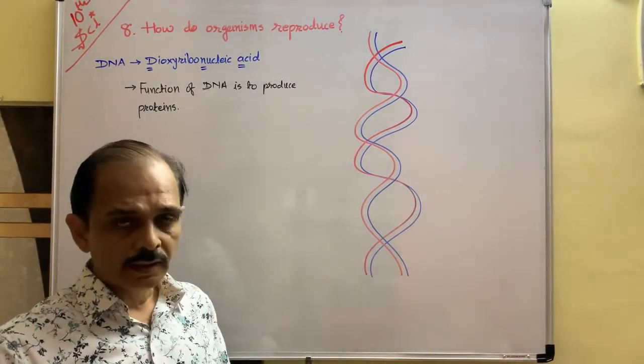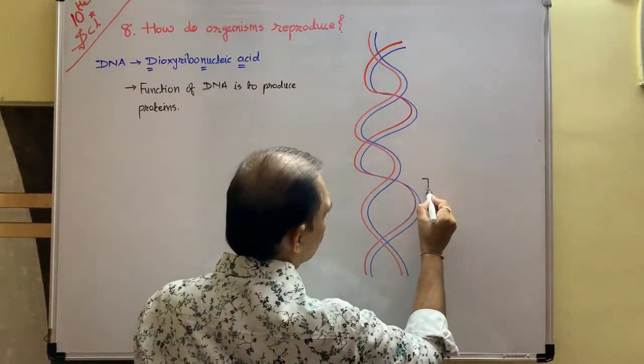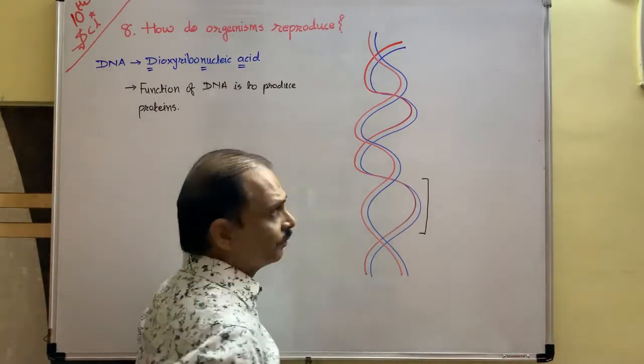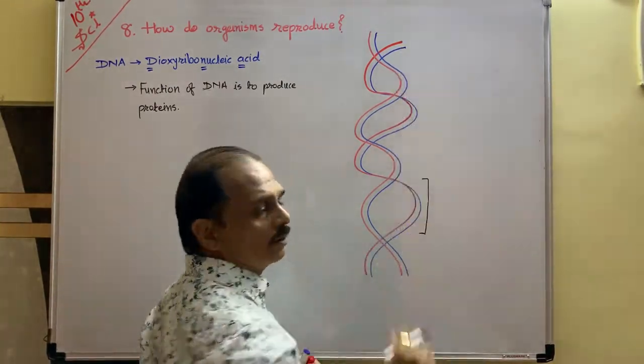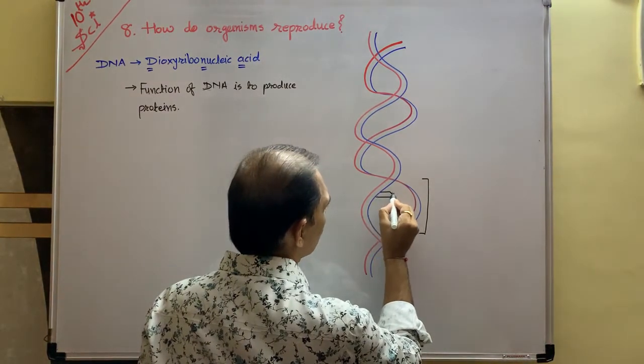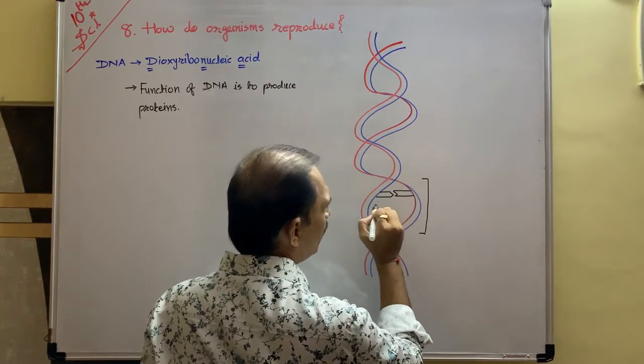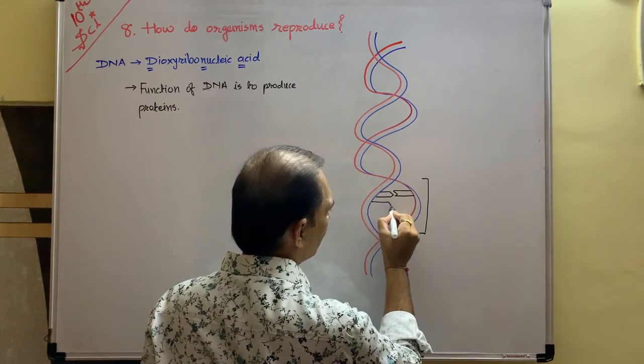Spiral structure of DNA. Now in this spiral, suppose this is one loop, another loop, another loop, another loop. So in each loop there are nitrogenous bonds. Maybe they are of different types.